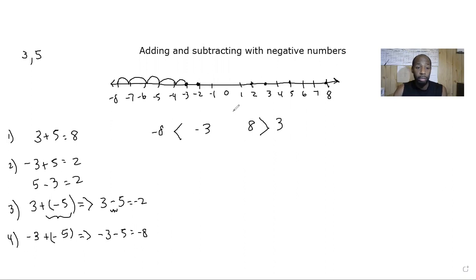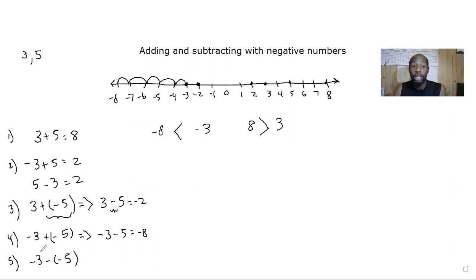All right. The other example that I want to do is this here. Say you have a negative number and you subtract a negative number from it. So -3 minus -5. This can be a little bit confusing, but literally the only thing you really need to remember from this kind of example is this: when you subtract a negative number, the two negatives make a positive.